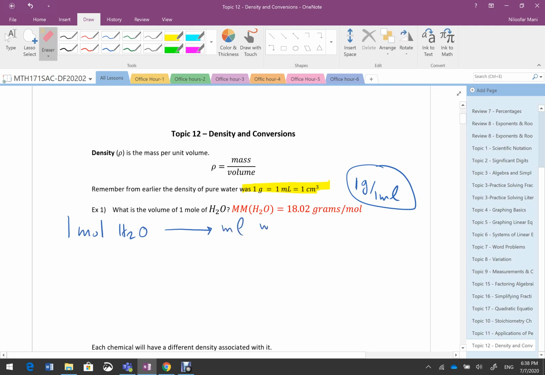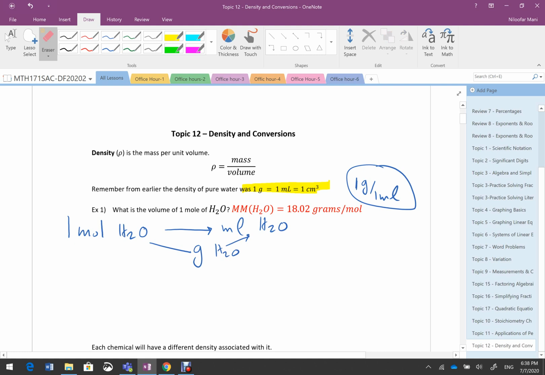How can I go directly? I know I have something between mole and weight, so I can go from mole to gram for water, and then from gram to milliliter. How do I do that?